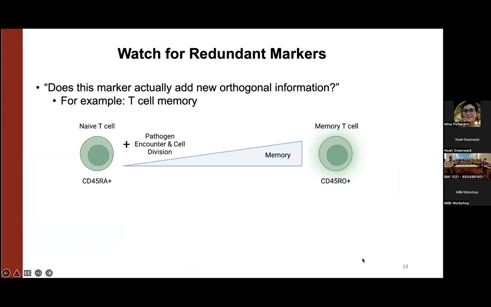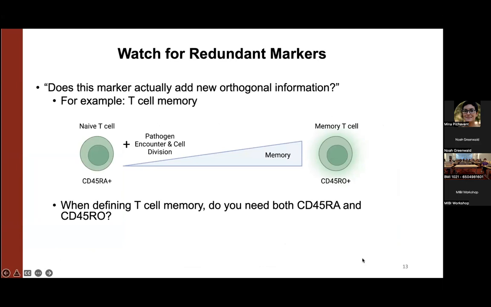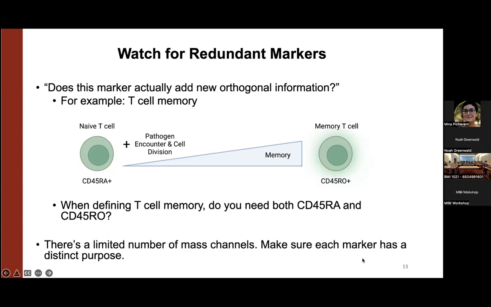They are anti-correlative. So when defining T cell memory, do you really need both CD45RA and CD45RO to denote naive and memory T cells? This is just one example. There are plenty of others, but you can think of it in this way when you're trying to figure out if you need both markers to denote one or the other.